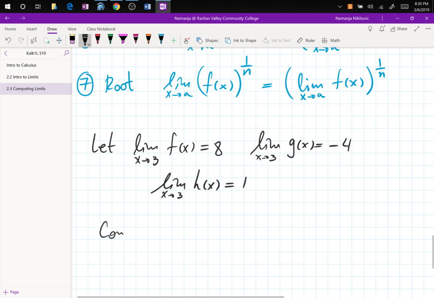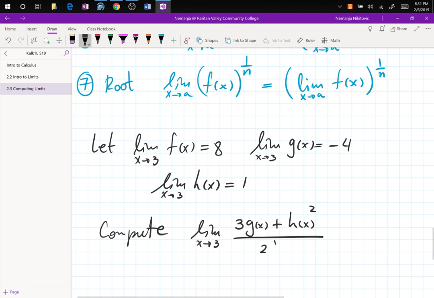Compute the limit as x goes to 3 of 3g of x plus h of x squared, divided by 2f of x.